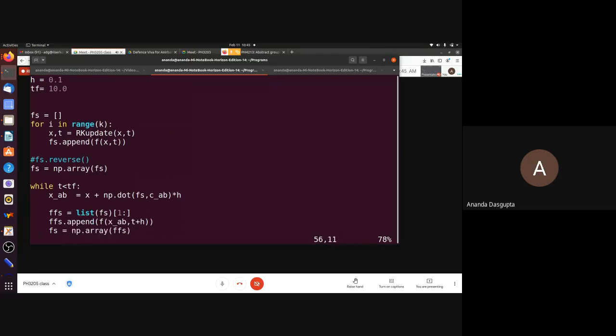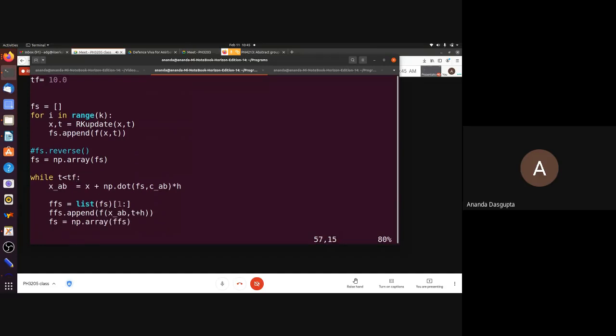Then what I do, this is the Adams-Bashforth part. You just use the Adams-Bashforth calculation to add to H. This np.dot(fs, cabs) actually does exactly what dot should do. It does the dot product. You have 2 arrays.